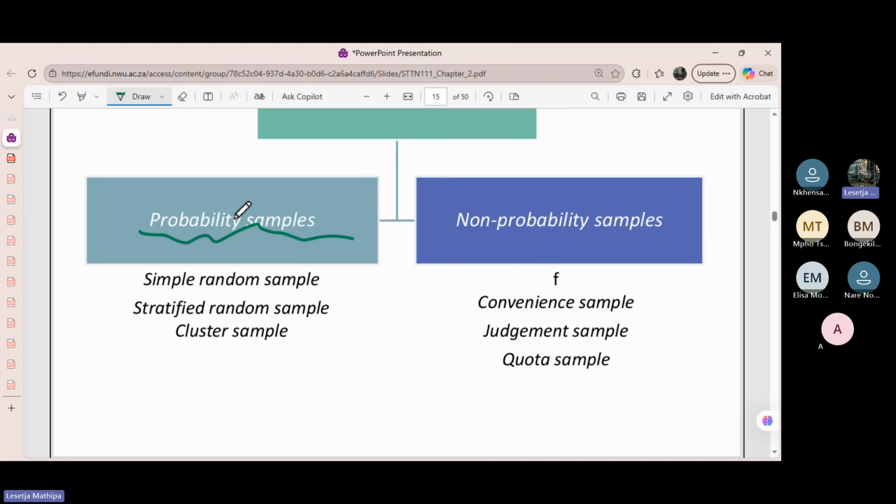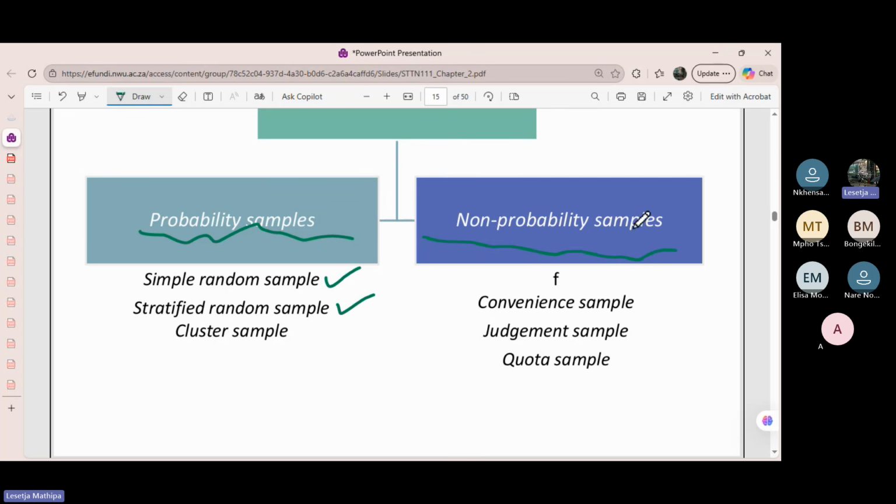Then for non-probability sampling, the examples are convenience sampling, judgment sample, and quota sampling. So under this chapter 2, for our calculations, it's only simple random sample and stratified random sampling.